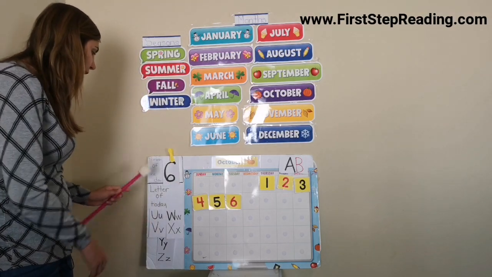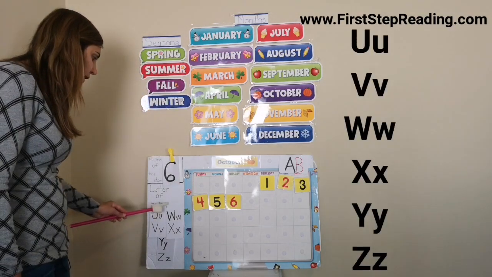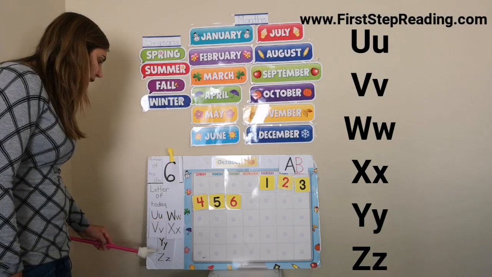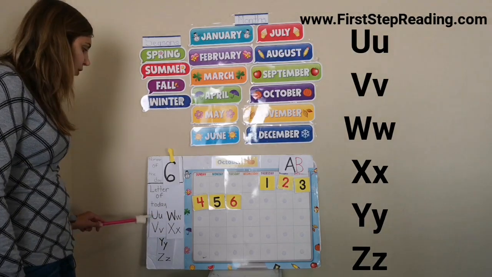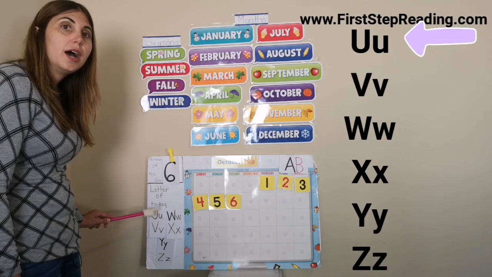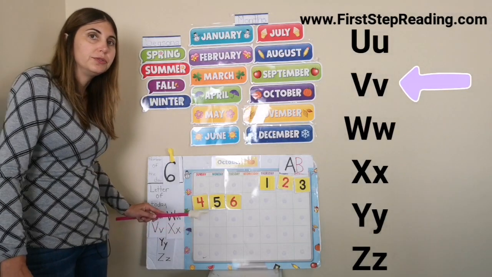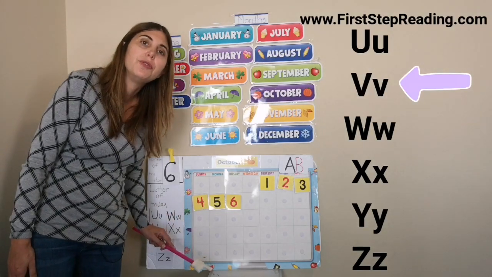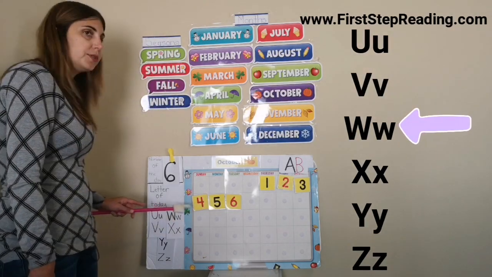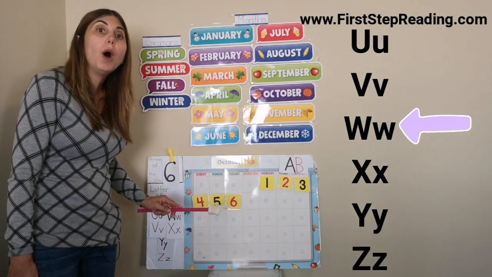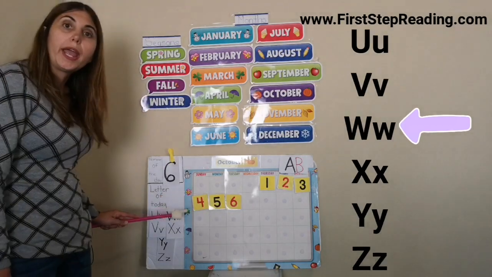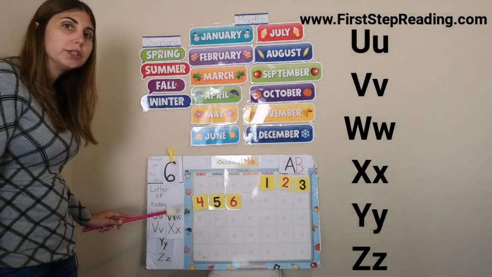Our letters for today are U, V, W, X, Y, Z. A U says u, like up. A V says v, like vacuum. A W says w, like whale or watch.